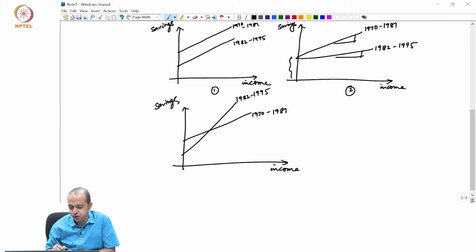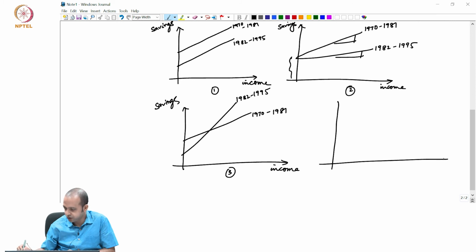So, post recession period both slope and intercept are different. This is case 3 and this is actually case 4, saving, and this is income.